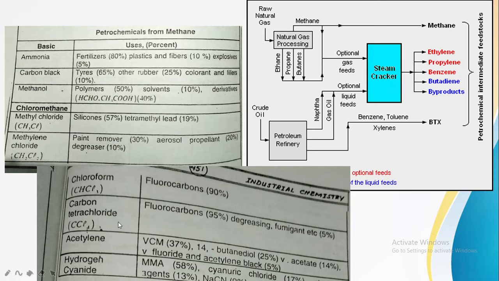Carbon tetrachloride and fluorocarbons are there, and 95% degrading fumigants. Then acetylene will give VCM 37%, 1,4-butanediol 25%, vinyl acetate 14%, vinyl fluoride, and acetylene black 5%, and so on. So these are all the uses as percentages, showing how much of these products is used.